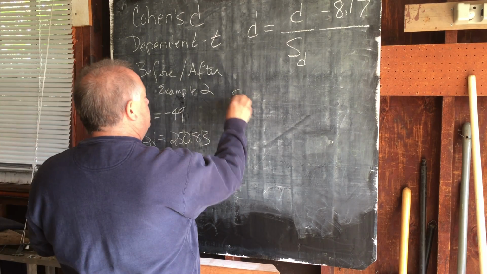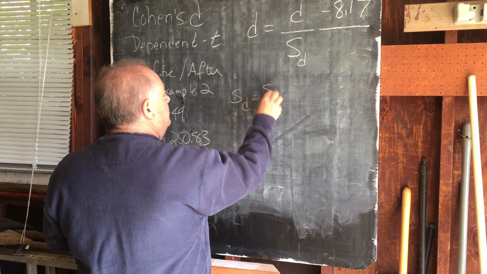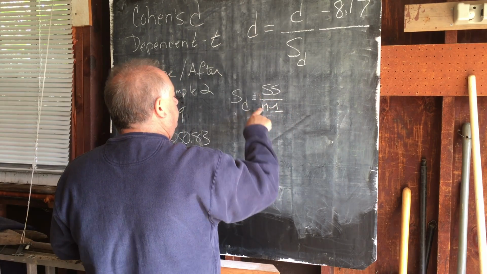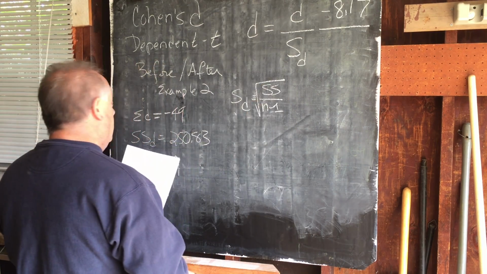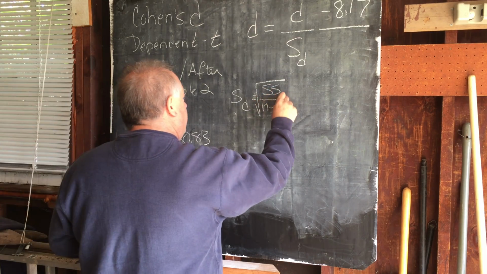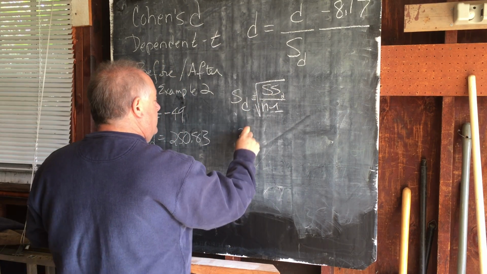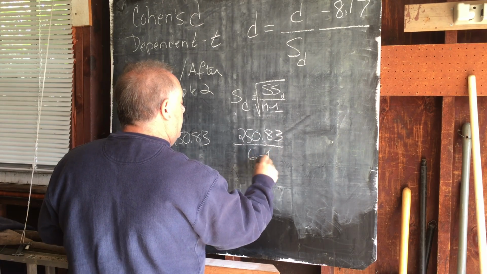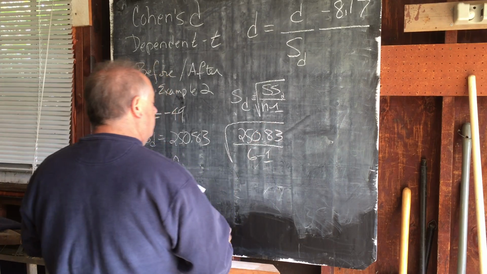The standard deviation, any standard deviation, is the sum of squares divided by n minus 1, and then we take the square root. So, the sum of squares of the differences was 250.83. We divide that by 6 minus 1, and we take the square root.